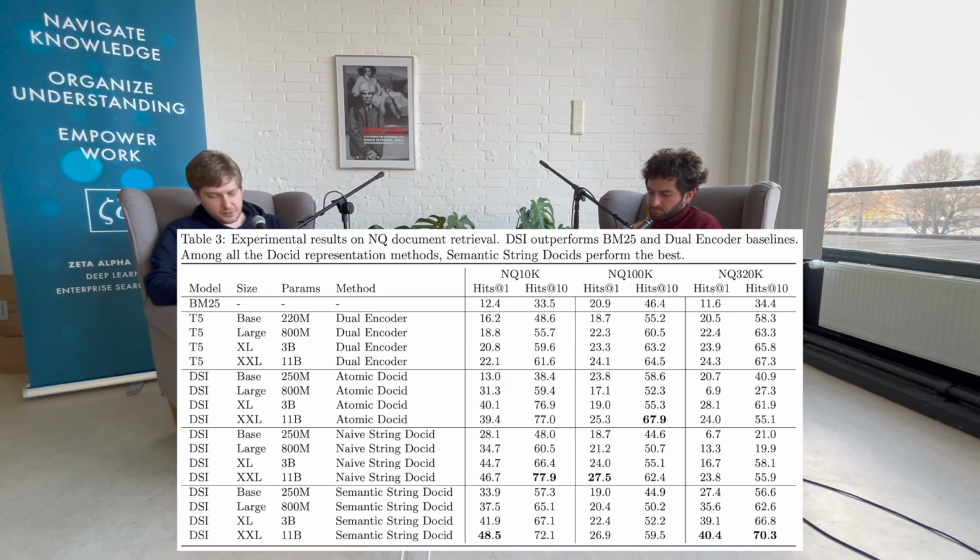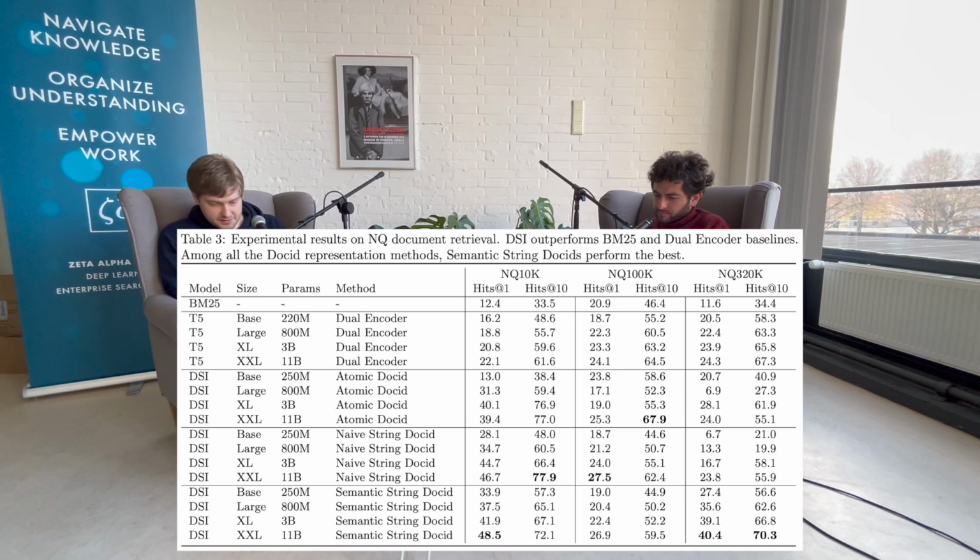There's not as much of a clear winner, I think, in terms of how to represent the doc IDs. So we talked about these 3 strategies: the atomic, where it's a token; the string doc ID, where it's a bunch of individual characters; and the semantic one. Depending on where you look, the best results change. So the semantic approach is the best for hits at 1 on 2 of the subsets.